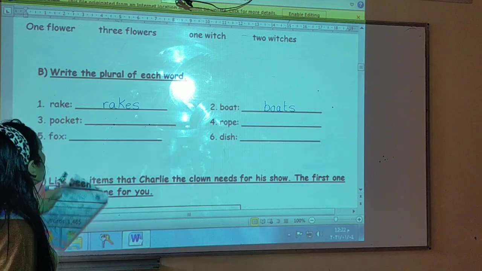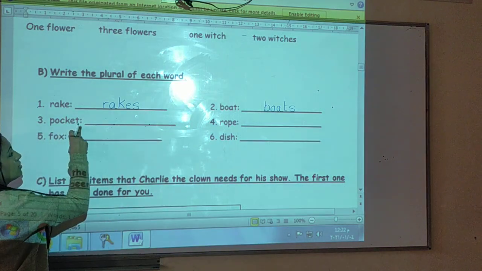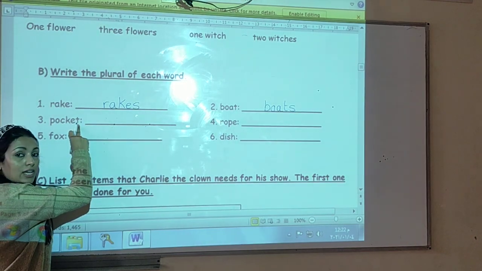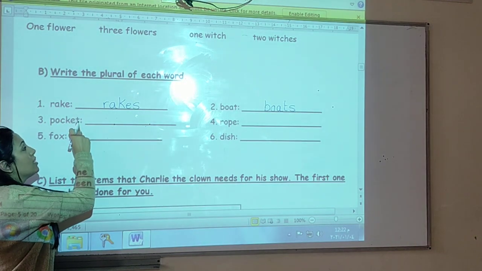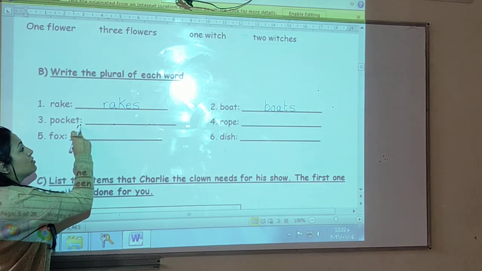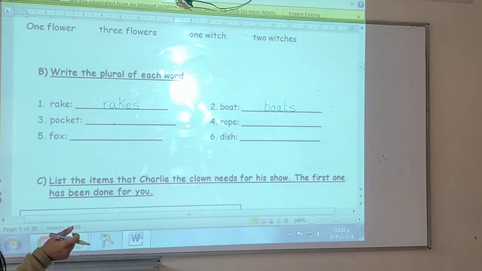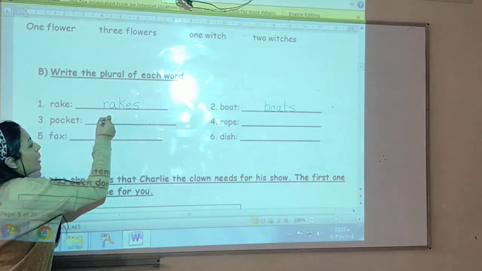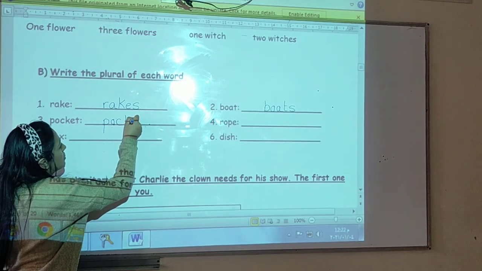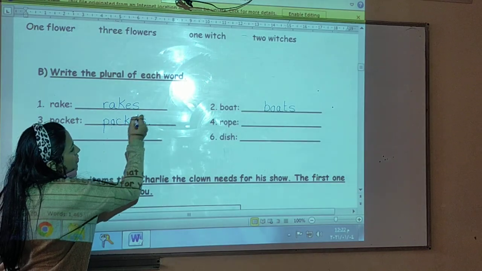Okay, number 3, pockets. Does it end with any of the letters of the exception case: SH, CH, S, double S, Z, O, or X? No. Does it end with Y? No. So we are going to add just S, because it's the normal case. Pockets.